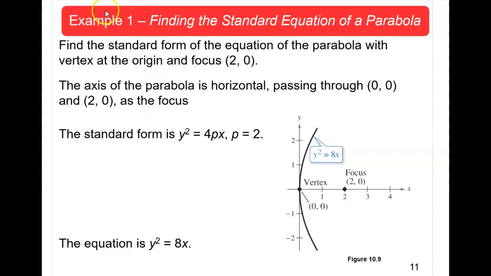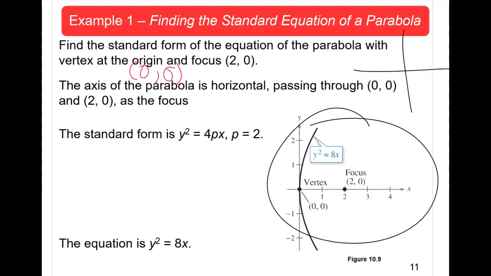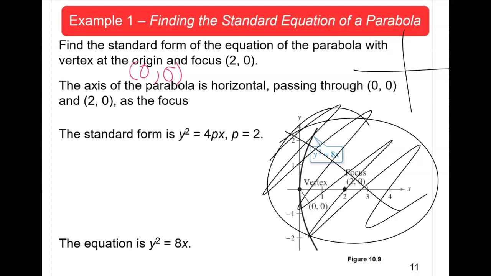So example 1 says, find the standard form of the equation of the parabola with the vertex at the origin. So remember that right away tells us (0, 0). And with the focus at (2, 0). So if we were to graph those two points on the XY axis, pretend we don't have this yet, so I'm just going to cover it for now.